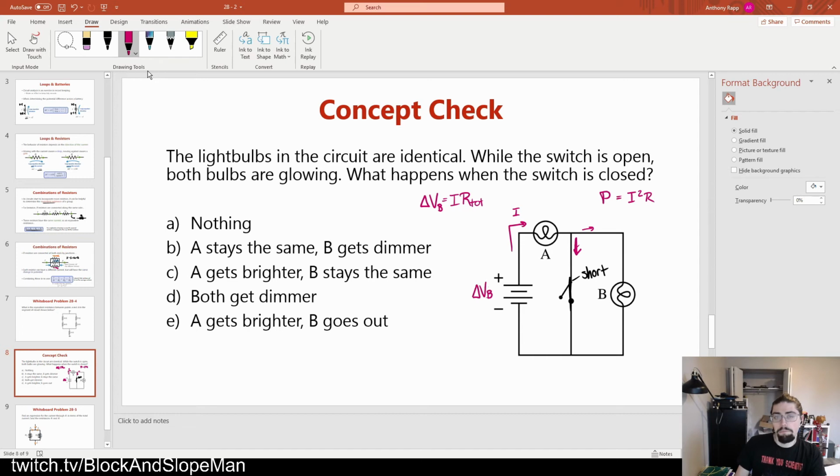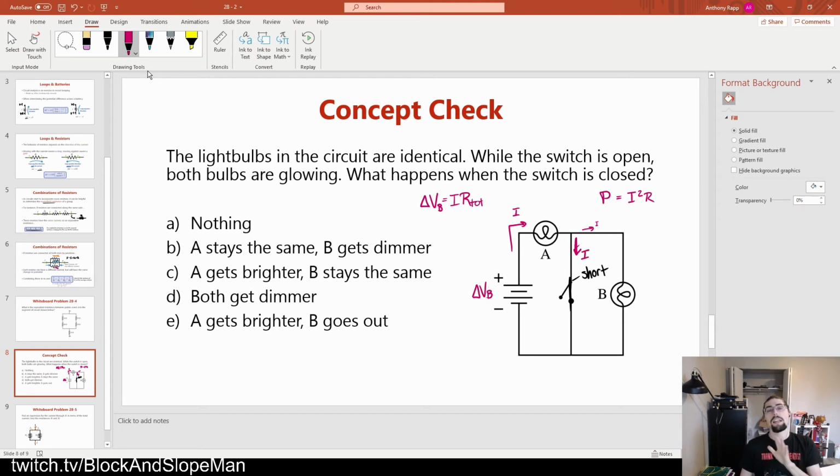Now, in reality, because wires still technically have a little bit of resistance, there is a little bit of current going through our original path through light bulb B, but it's a tiny, tiny little bit of current, to the point that you would not be able to tell that this light bulb had any current going through it whatsoever. Whereas my short has nearly the full current.